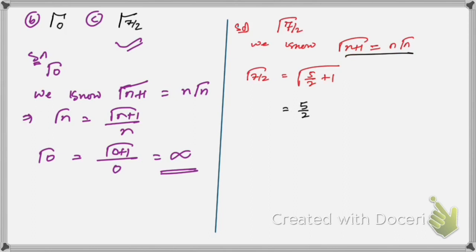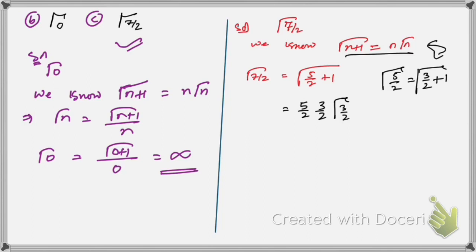Gamma 5/2. Again, if you write 5/2 as 3/2 plus 1, this can be written this way. Then again, if you apply this same formula here, this can be replaced by 3/2 gamma of 3/2, right?